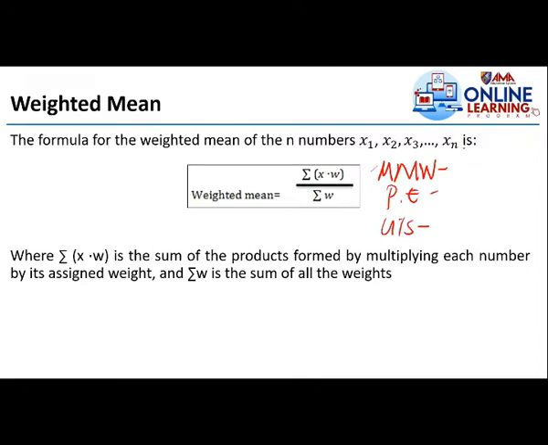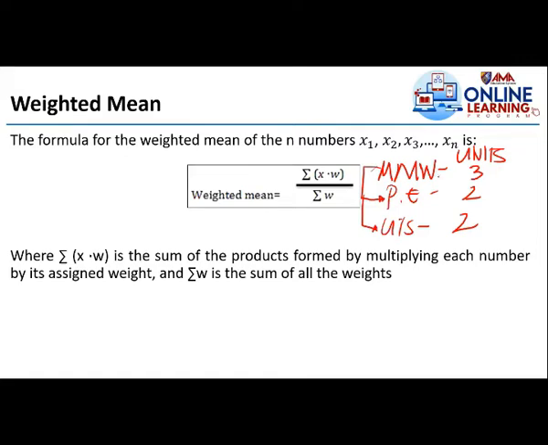Each has its own units or load units, right? MMW is 3 units, PE is, I think, 2, and Understanding the Self 2. Let's just assume these are their units. So it tells you that MMW is heavier compared with PE and Understanding the Self.